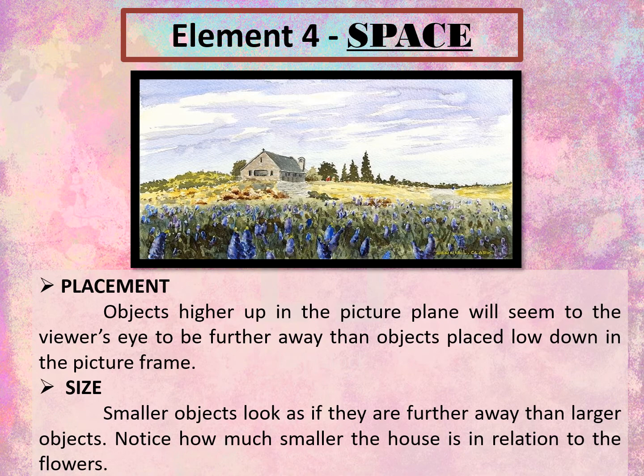Yan, yung color blue. So, malalaki siya tingnan dahil its placement is nearer to the viewer's eyes. So, notice how much smaller the house is in relation to the flowers. So, diba, yung sinabi ko, mas maliit tingnan yung bahay kaysa sa yung mga flowers.